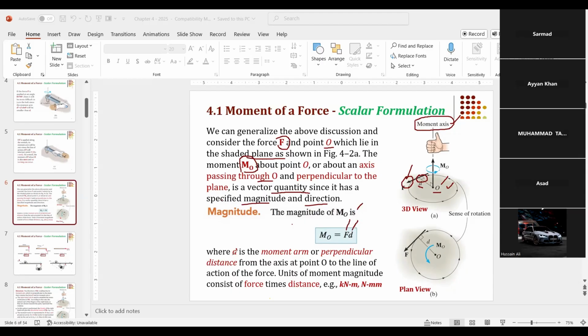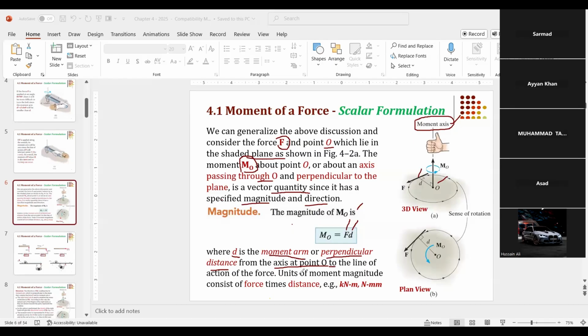So this d is basically the moment arm. We can also call it the perpendicular distance from the axis at point O, or simply the distance from point O to the line of action of the force. You can simply say that the distance is from point O to the force F.